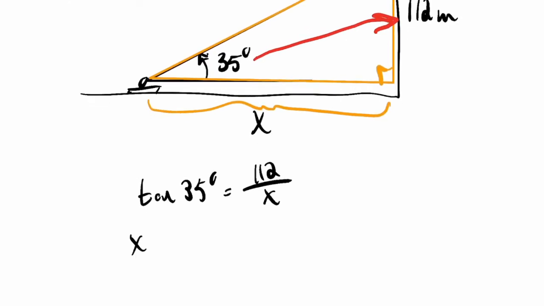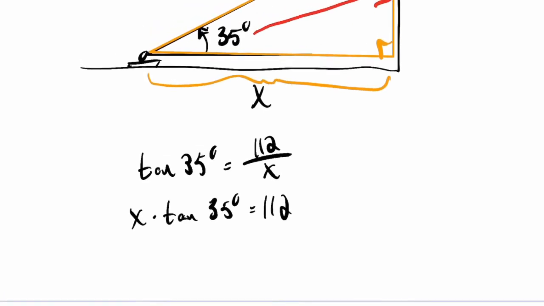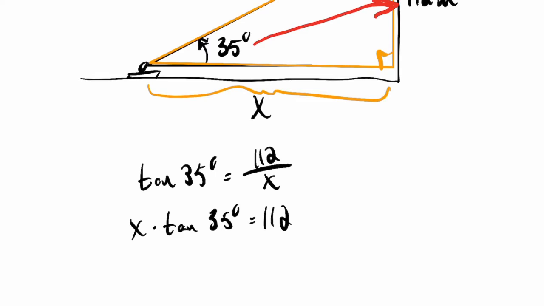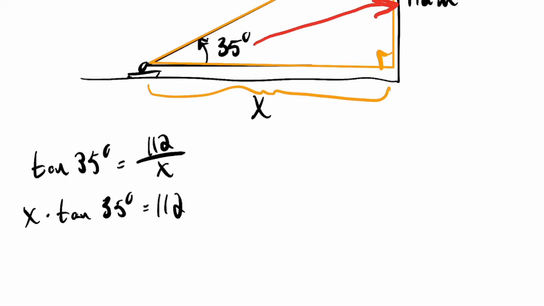So x times tangent of 35 degrees equals 112. From here, I can either divide by tangent, or if I want, I can multiply by cotangent of 35 degrees. It doesn't really matter. I'll divide. So x equals 112 meters over tangent of 35 degrees.